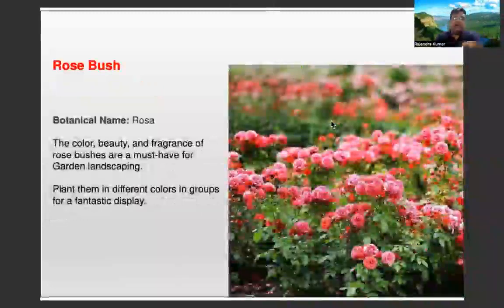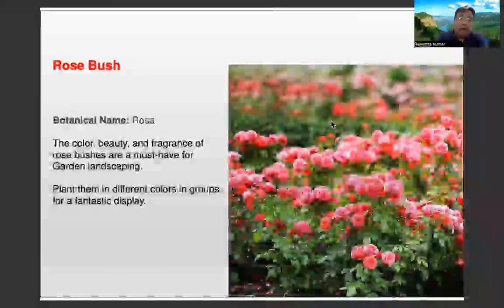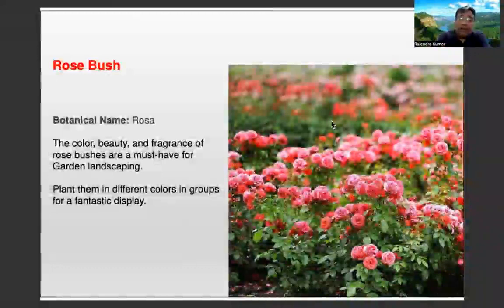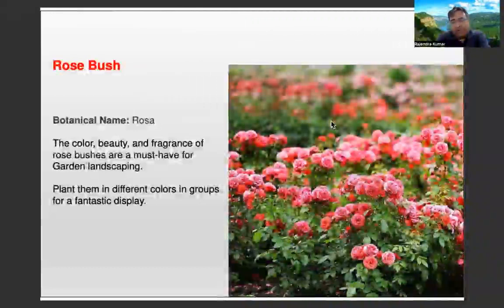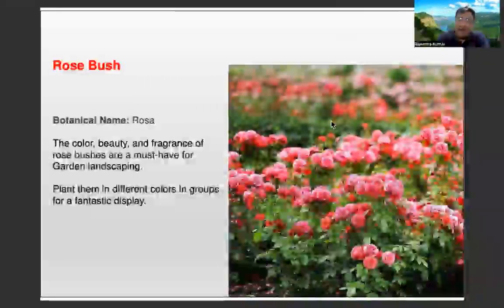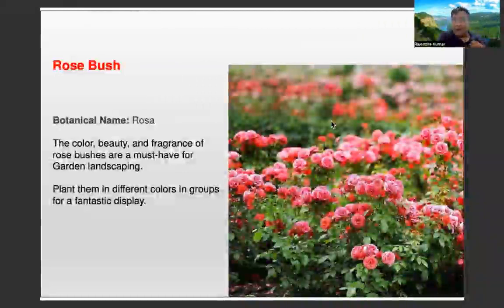The second type has the botanical name Rosa. This is called rose bush. The rose is very beautiful and gives very nice flowers, and it is mainly used in many parts of gardens for Indian domestic purposes, and also in public parks.